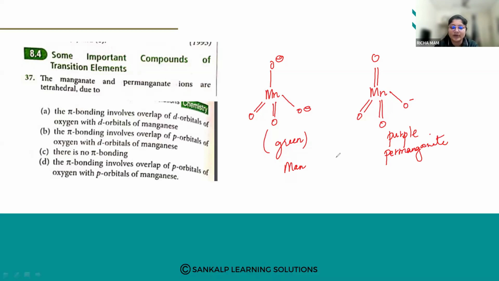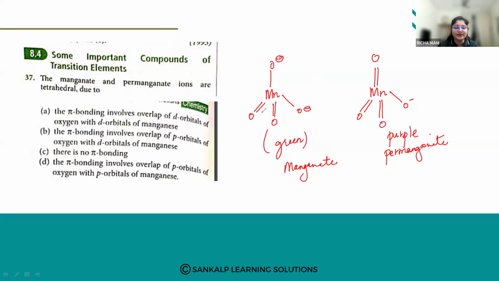So you can see here in manganate and permanganate ions, pi bonding takes place by overlap of p orbitals of oxygen with d orbitals of manganese.